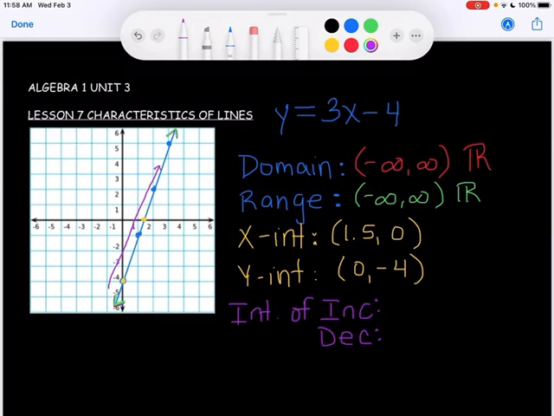It's going up. So you have an interval of increase, but you do not have an interval of decrease. So we're going to write none. And your interval of increase, it's increasing the entire time. The line will be increasing forever. So with a line, whichever one it is, if it's increase or decrease, your interval will always be negative infinity to positive infinity because it's increasing or decreasing forever.